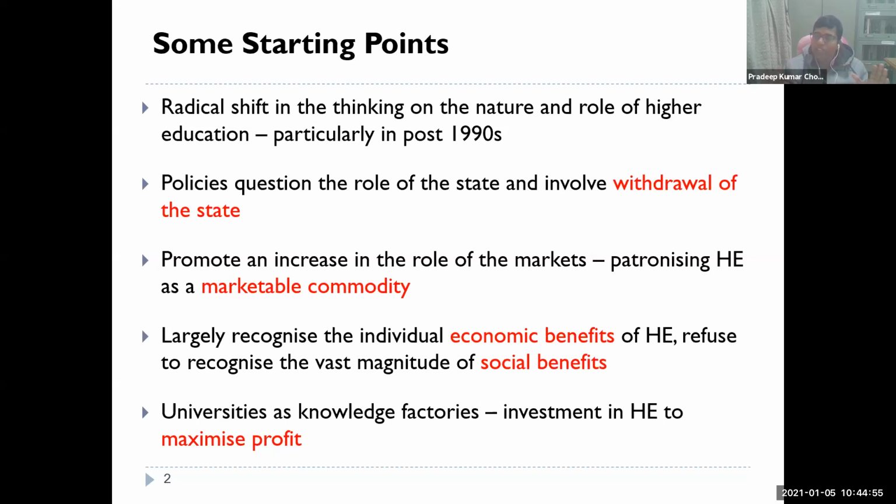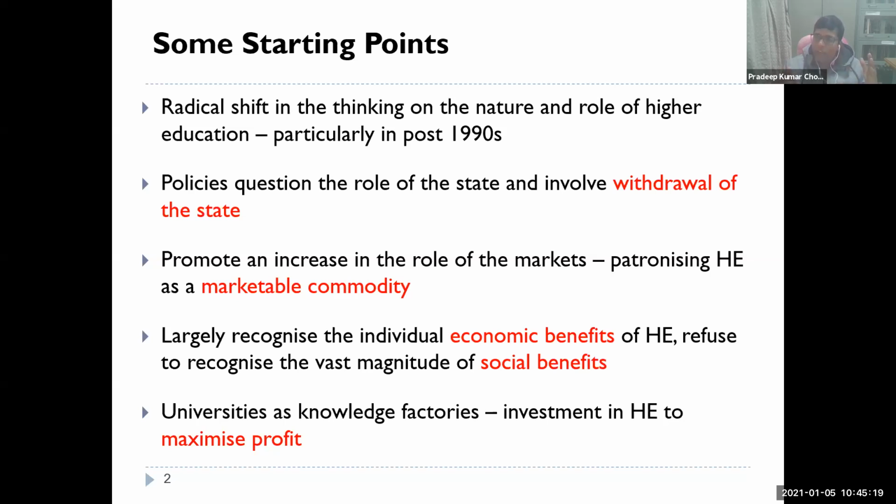So better civilization, better democracy. If highly educated, then the crime rate will decline, corruption will decline. Health status will improve, and there are several other benefits we get from education. So we call those social benefits or externalities. Higher education gives both economic or private benefits as well as social benefits.